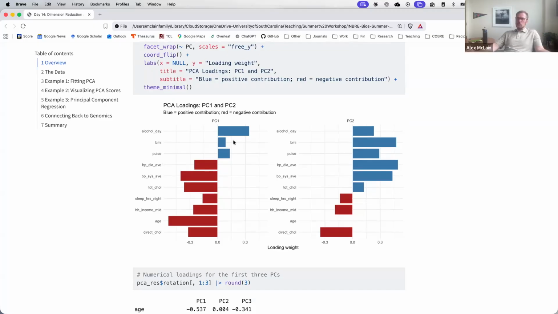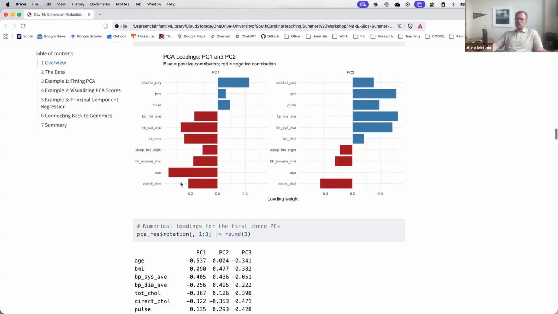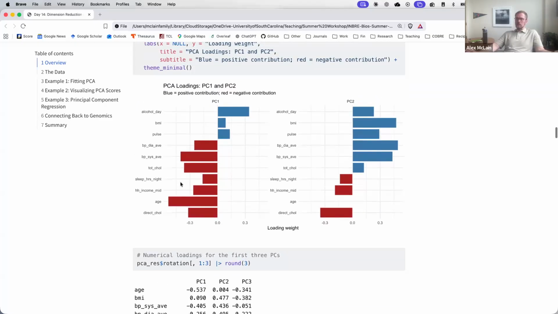So principal component one: a large positive loading for alcohol, a large negative loading for age, and then relatively large for systolic blood pressure, maybe total cholesterol in there a little bit. Everything else is small.